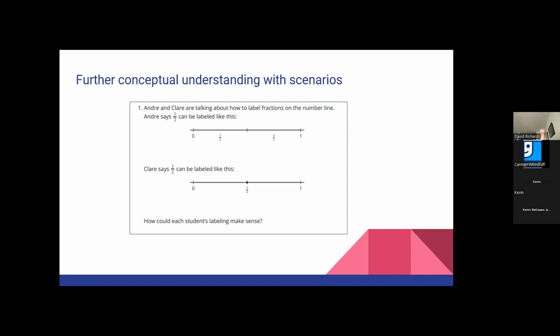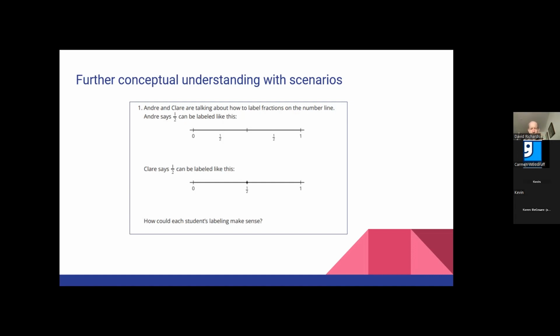What if we changed the fractions in the first one so that it made more sense, right? So we can have the half between 0 and 1, right in the center. We've replaced the other half with 1/4 and 3/4, right?